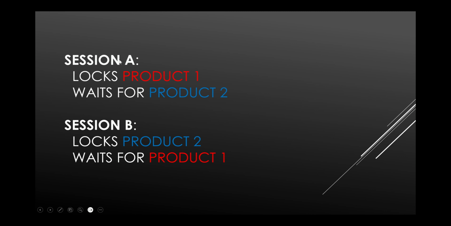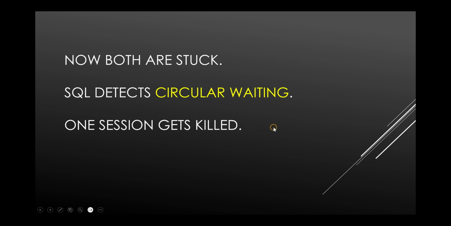After some time, session A wants to update something on product 2, but session B has already locked product 2. Similarly, session A already locked product 1, but now session B wants to update something on product 1. Now what happens? It is a loop.